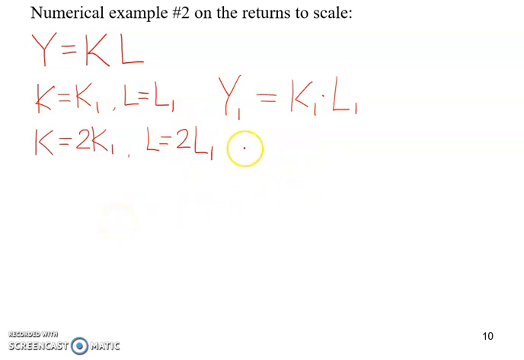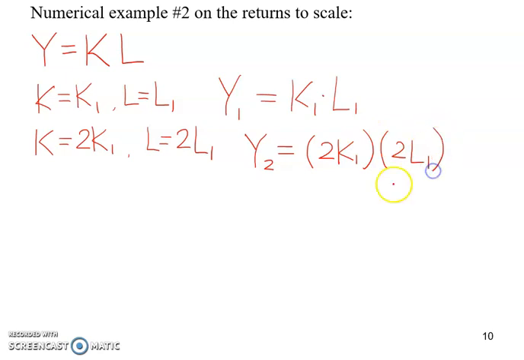Now the new level of output would be y2, right? And we just plug these levels back into the production function. So it's going to be 2K1 times 2L1. Again, like before, we're going to take the numbers or the constants out to the front.